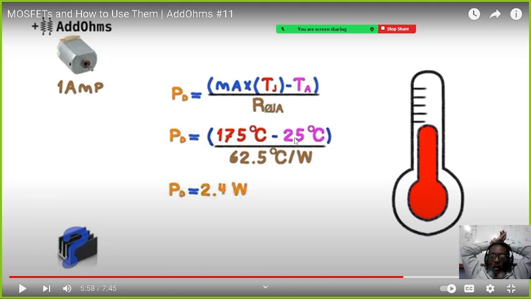Ambient is just the temperature around you in the environment, like in Alaska. If it's a place like Alaska, they will probably still use the 25. Why would they use the 25? They are assuming that you are using it indoors, but you can use it even at minus 25 degrees Celsius.